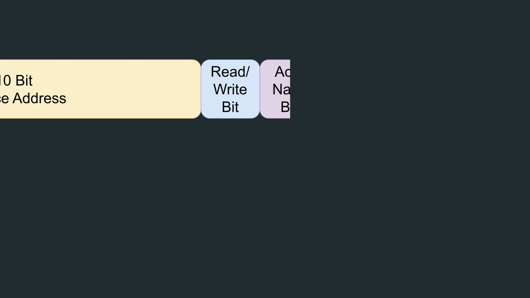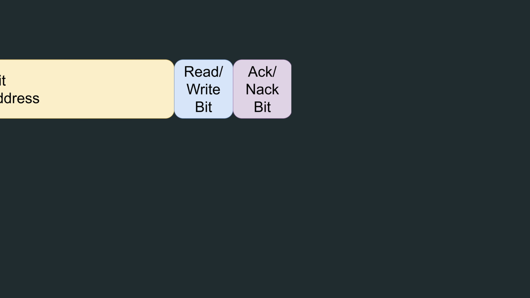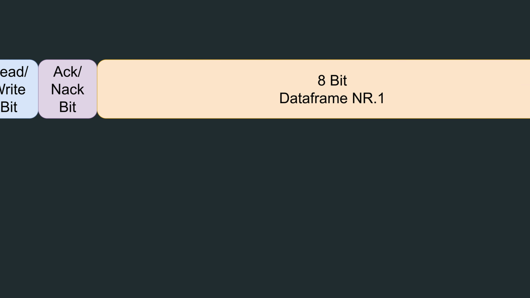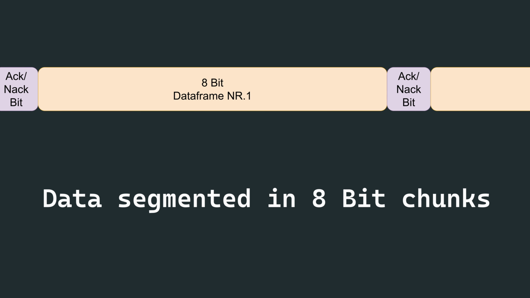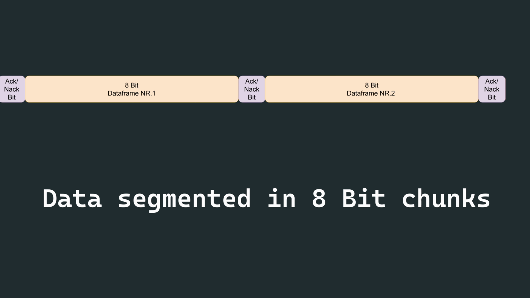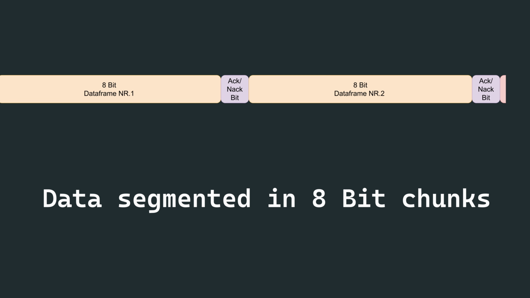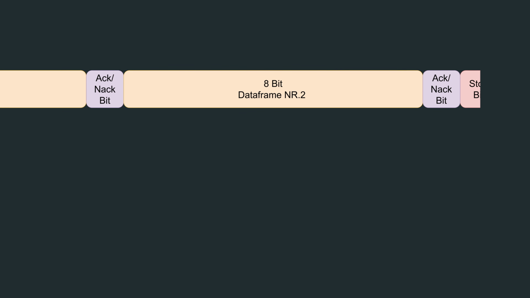Next comes the acknowledgement/not acknowledgement bit, which is the bit our peripheral device, the slave device, sets to say that it has received the data correctly or not received the data. This is followed by the actual data we want to send or receive, which is cut up in 8-bit chunks, which are always followed by an acknowledgement or not acknowledgement bit.